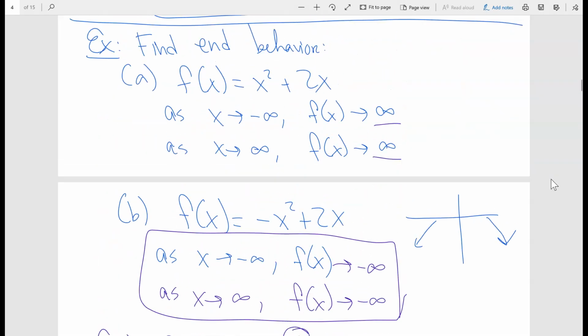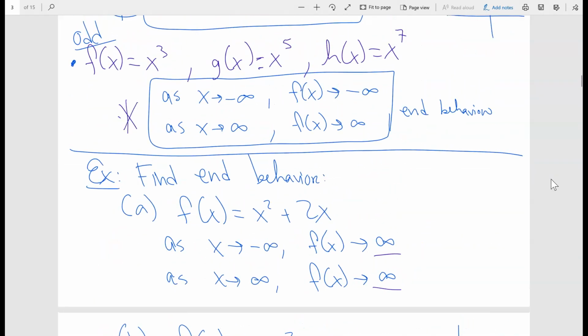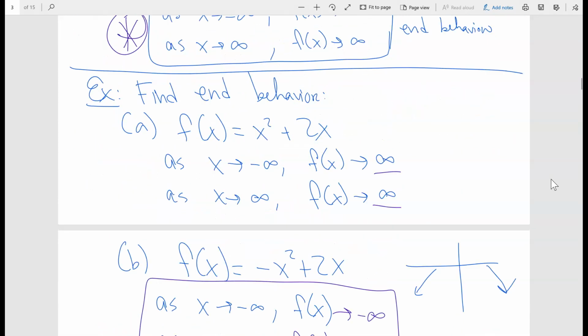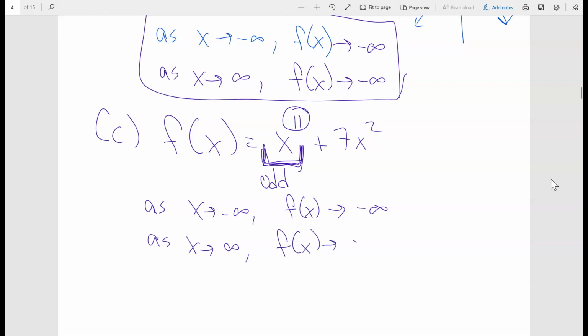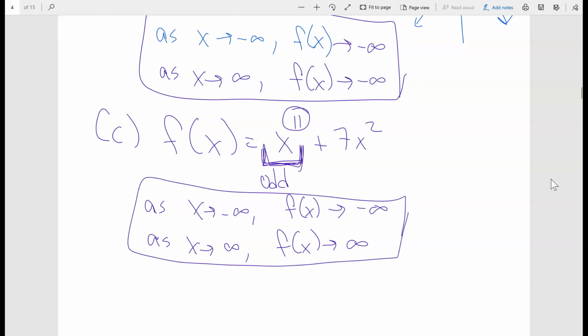So that means this is this end behavior. As x goes to negative infinity, this function is also going to go to negative infinity. And as x goes to positive infinity, f of x is going to go also to positive infinity. So that's the end behavior for that one.